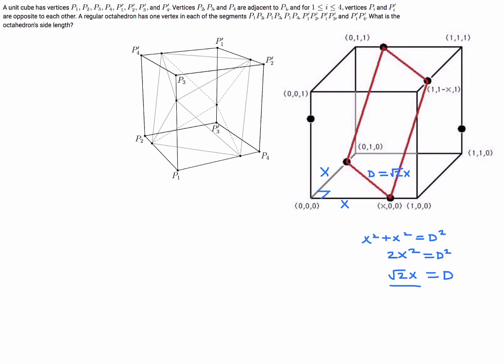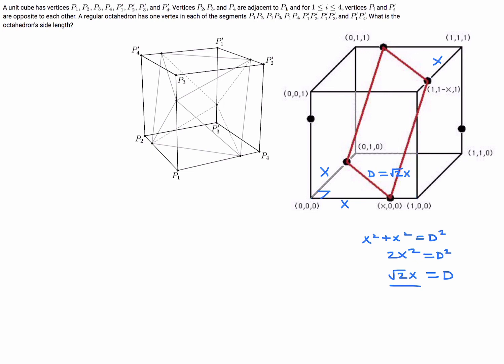Now if you start labeling the other points, you'll notice that the distance from here to here is also x. And therefore this coordinate right here, it's going across 1, that's why this is 1, and it goes this way, not all the way, so it's going 1 minus x, that's why this is 1 minus x, and then of course it went up 1, and that's why this is 1.